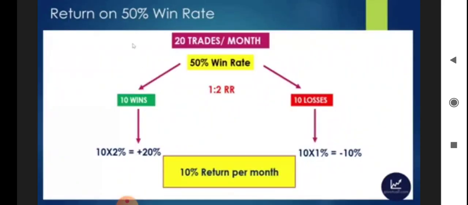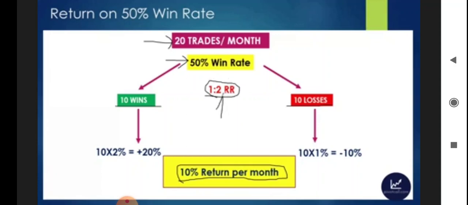Look at this example, look at this slide. If you take only 20 trades in a month, on an average maybe one trade per day, and you have a 50% win rate, that means 10 times you win, 10 times your stop loss hits. How much return can you generate per month? 10% return. How is it possible? That is possible if you follow this.